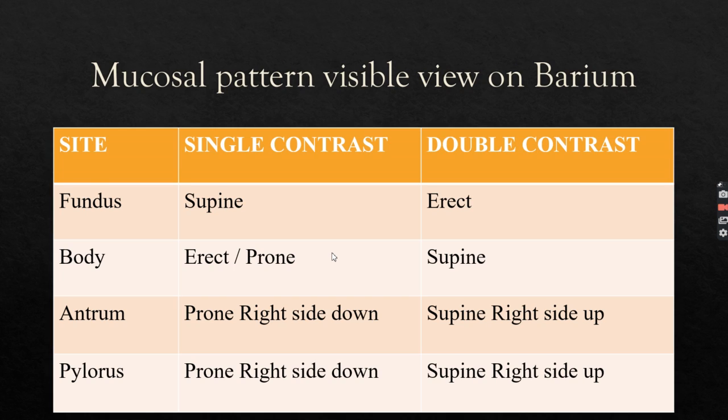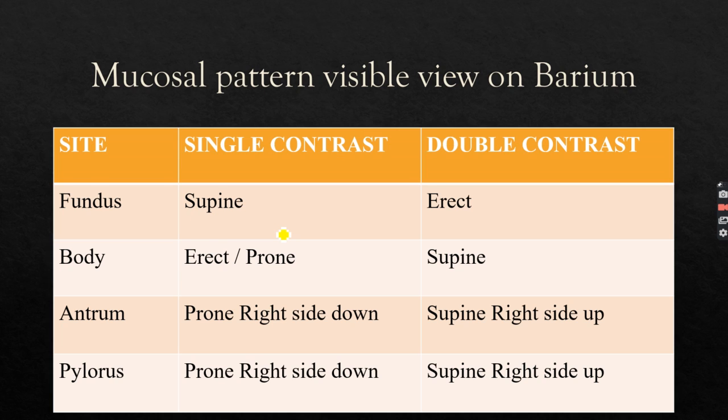Mucosal pattern visible views on barium study. Here we are taking up the site if we want to see the mucosa of the fundus, body, antrum or pylorus, in sequential order. In single contrast, only barium is being used as contrast.